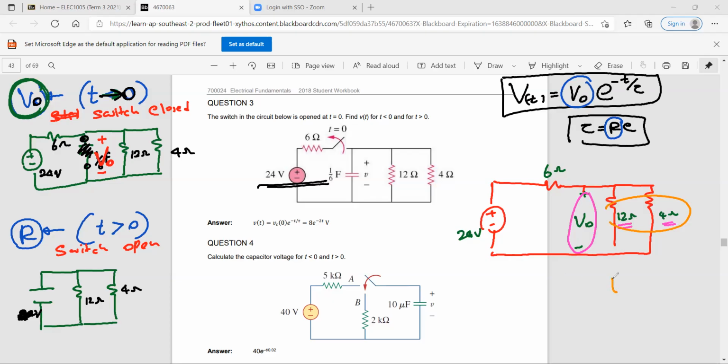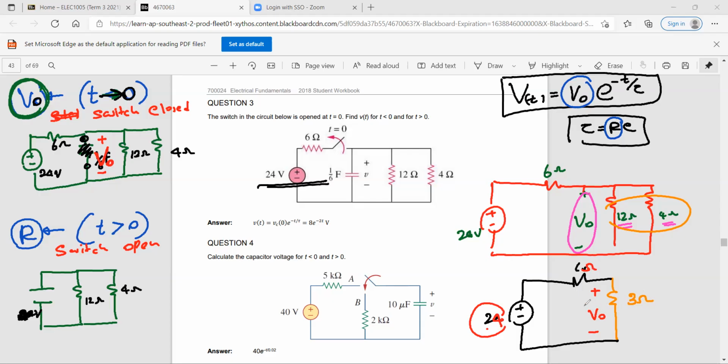So you can make it a single resistor, which is 12 times 4 divided by 16. I think it is 3 ohms. Am I right? And the rest of the circuit will remain the same. If you can find the voltage here, that is your V naught. Have I done anything wrong? So your total voltage is 24. This 24 is divided between 6 and 3.